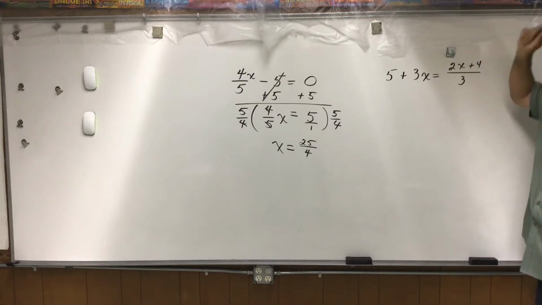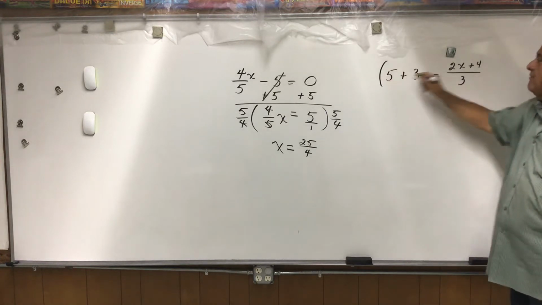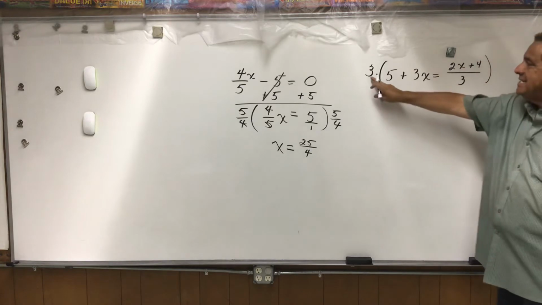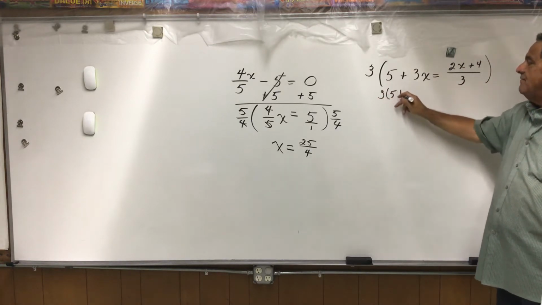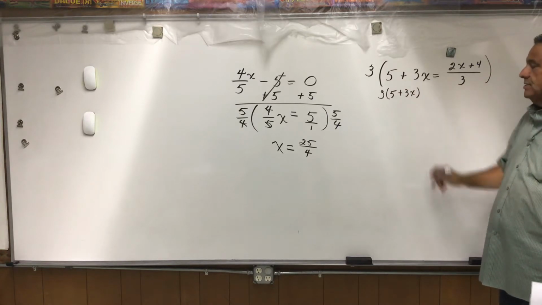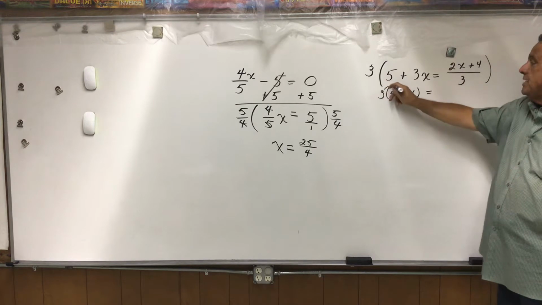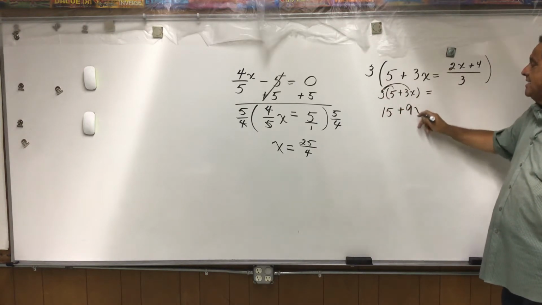Remember how we eliminated by multiplying by 3? That means I'm going to multiply everything by 3. Be very careful with this one, because it means I'm going to take 3 times the 5 plus the 3x. So let's distribute: 3 times 5 is 15, plus the 9x equals.